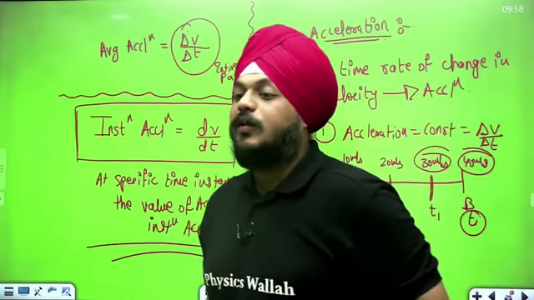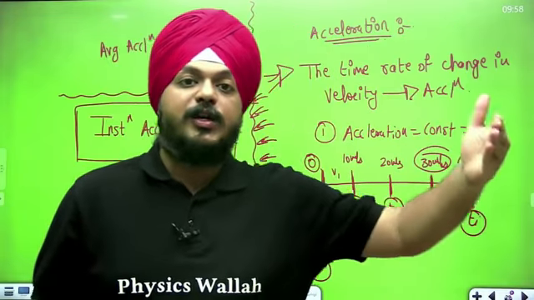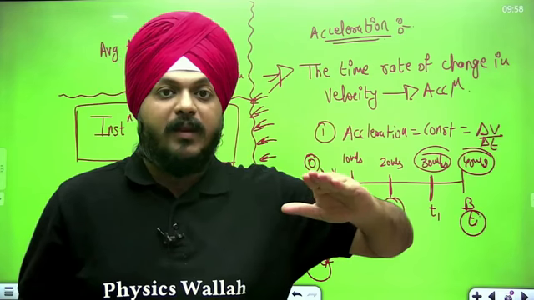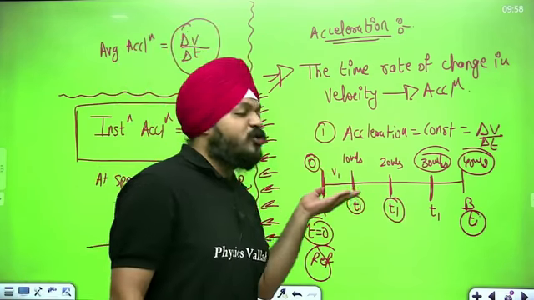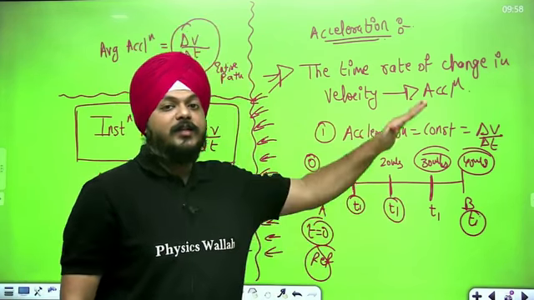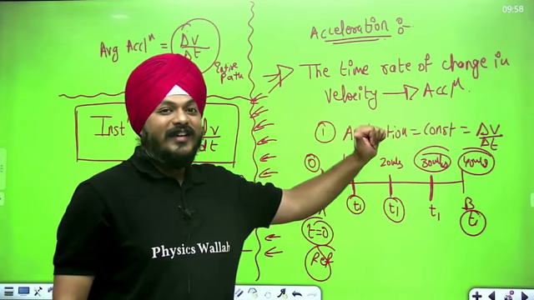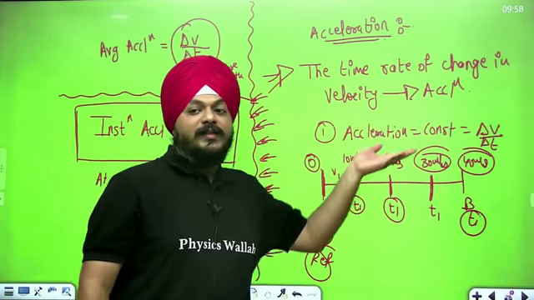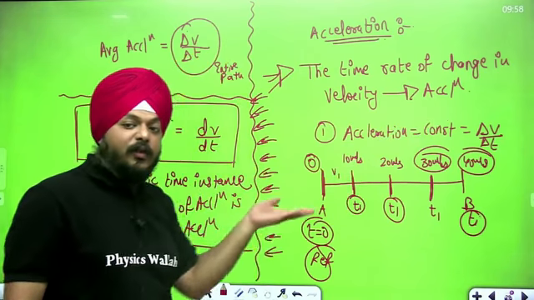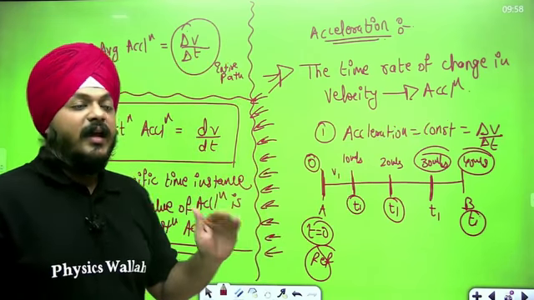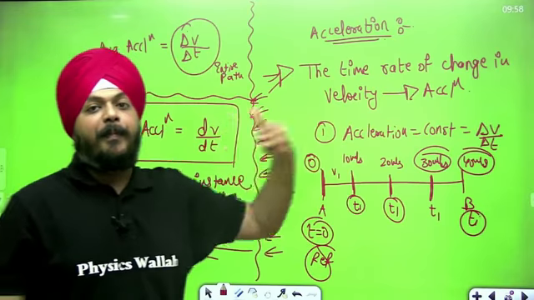The general definition of acceleration is the rate of change of velocity with respect to time. If this rate of change is uniform, acceleration is constant. It is positive if velocity is increasing and negative if velocity is decreasing.